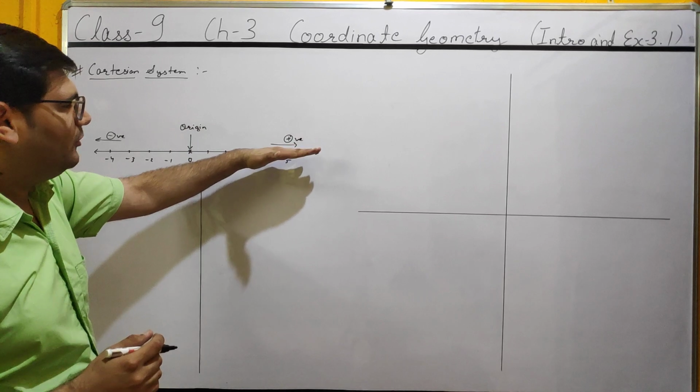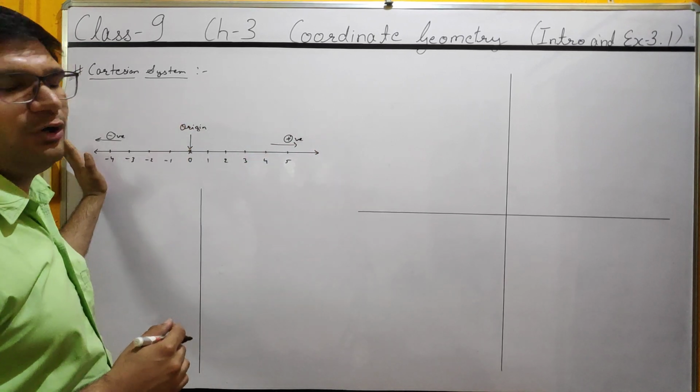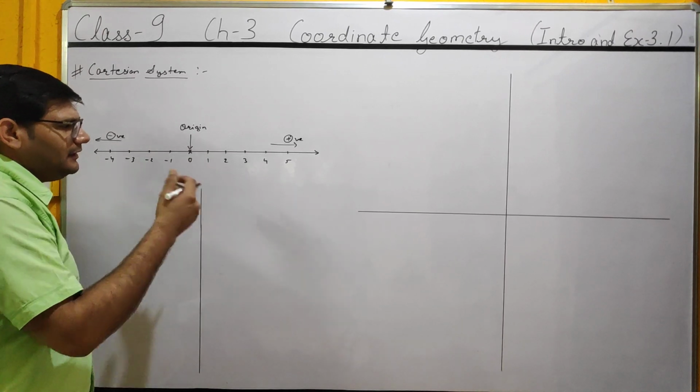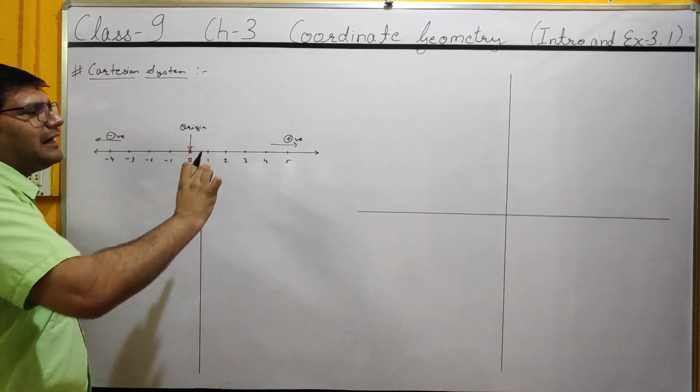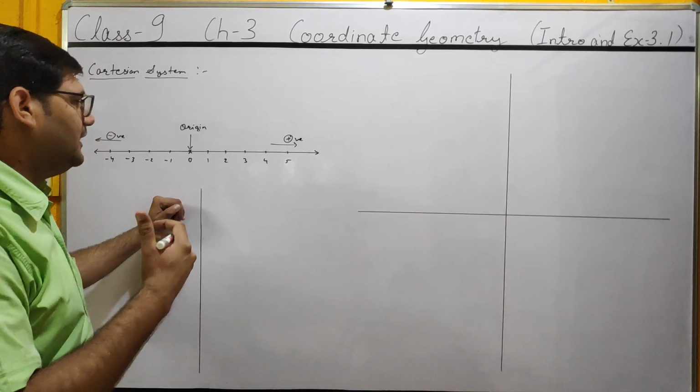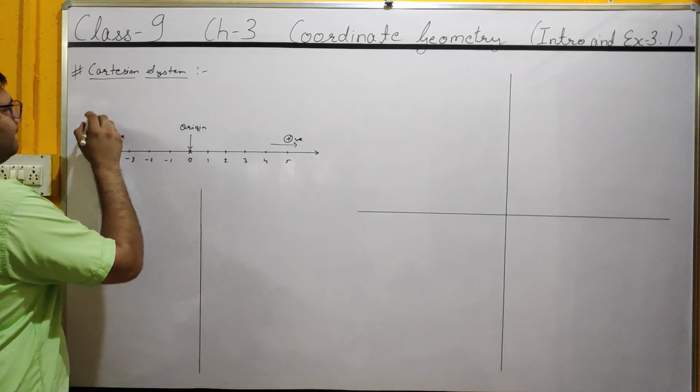Towards right all positive, towards left all negative. This is 0. Okay. Now this number line we have placed in a horizontal way. It is a horizontal line.